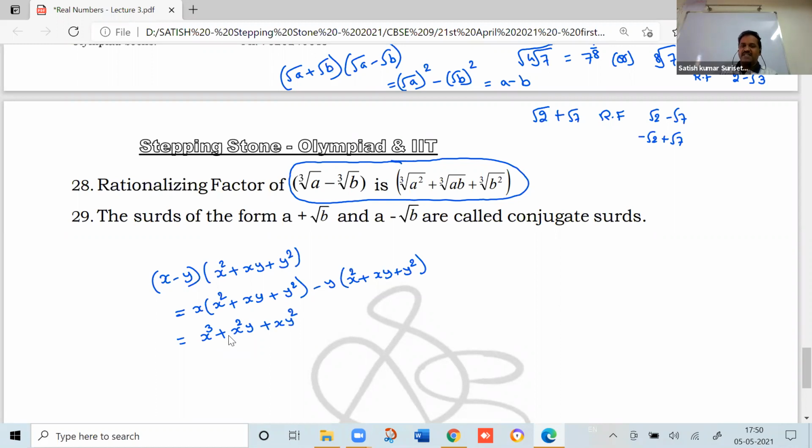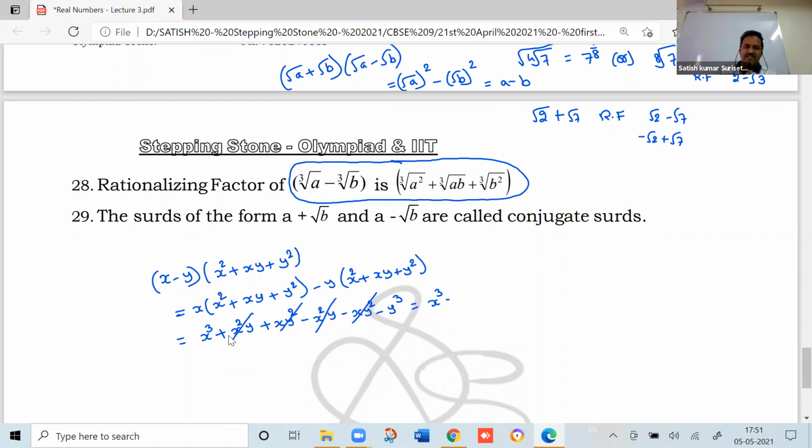Next minus y into x square, minus x square y. Next minus x y square, because y into y square, next minus y cube. Check if any terms get cancelled or not. Plus x square y minus x square y gets cancelled. Plus xy square minus xy square gets cancelled. What is the result? x cube minus y cube.